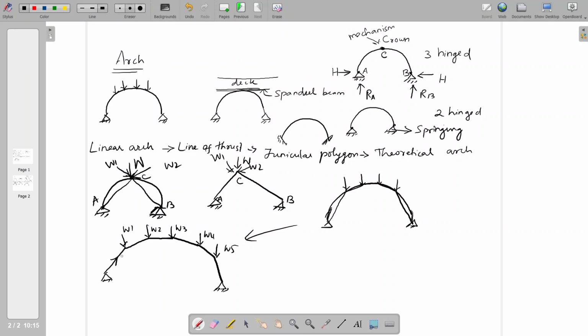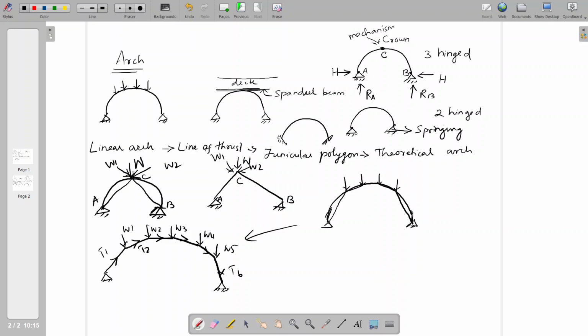Here the tensile force will travel like this, T1, T2, up to T3, T4, T5 and T6. So this is the concept of a linear arch.